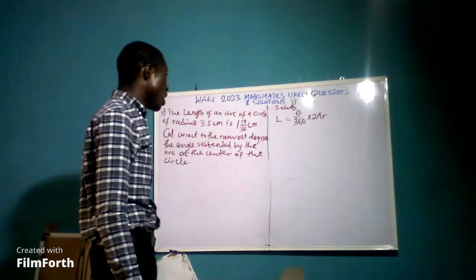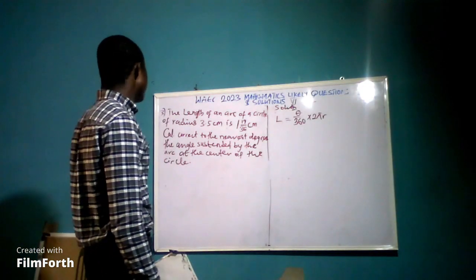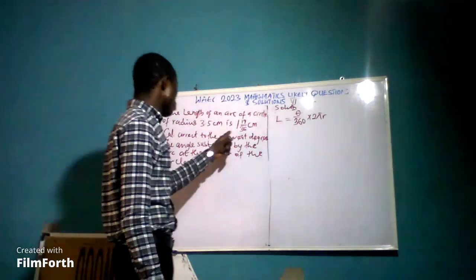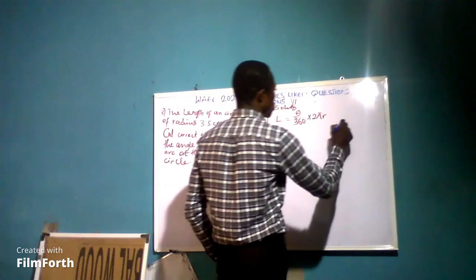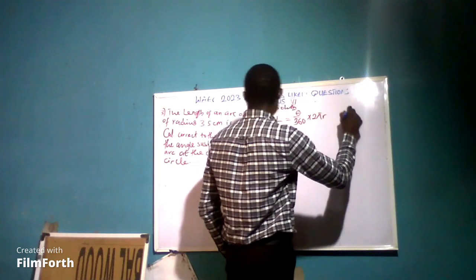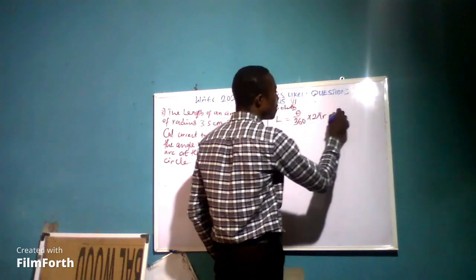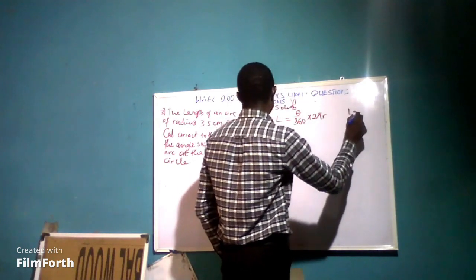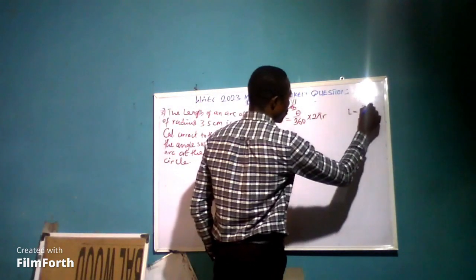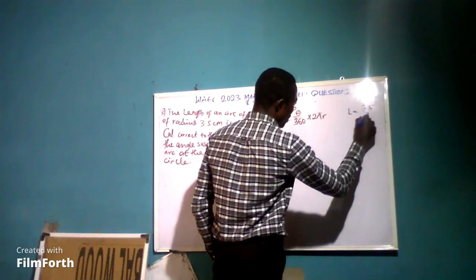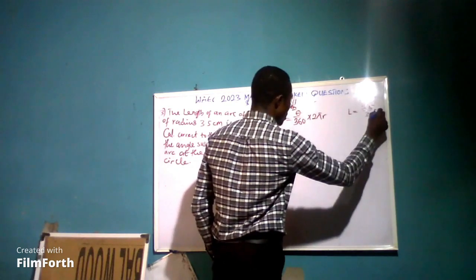Okay? And with the information we have here, the length is given as 1 and 19 over 36, which will be converted to an improper fraction for the sake of the calculation we want to do here. So the length is equal to 36 times 1, that's 36, plus 19. That will give us 55 over 36 centimeters.